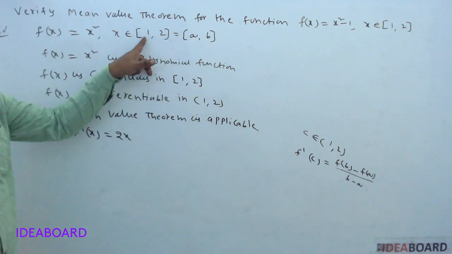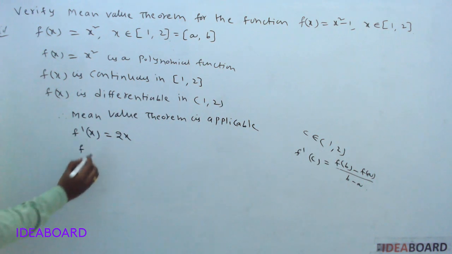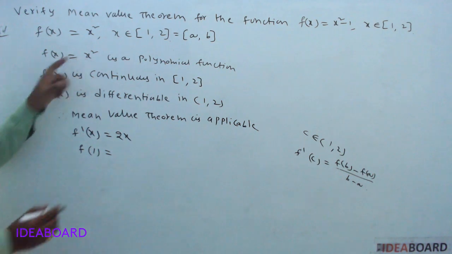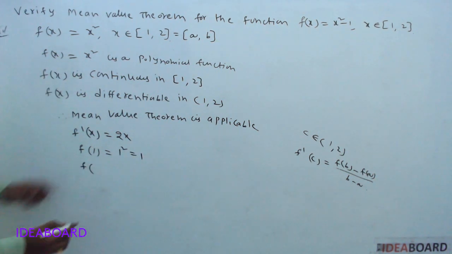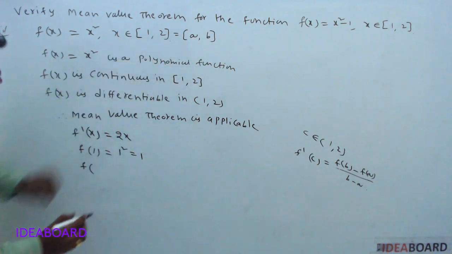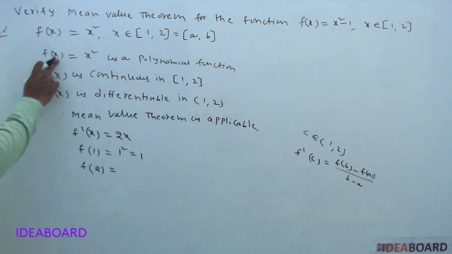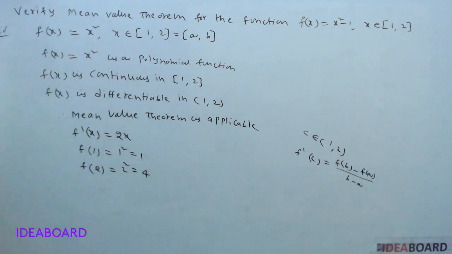Now a value is 1, b value is 2. So f of a, that is f of 1, is nothing but 1 square, 1. Next f of b, b value 2. So f of 2 equals 2 square, that is 4.